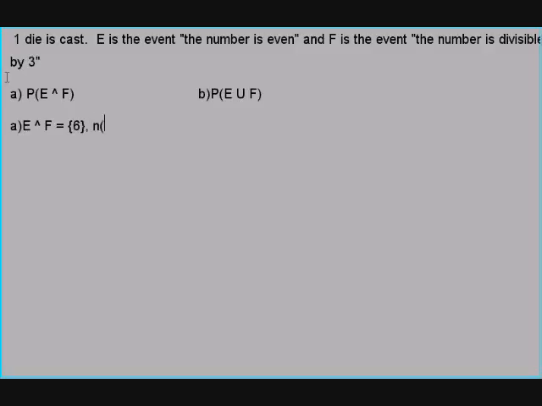So the number of elements in E intersect F is just 1. Therefore, since the number of elements in E intersect F is just 1, and the number of events in the entire sample space is 6, the probability of E intersect F is just equal to 1/6.